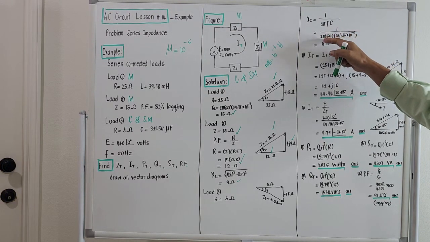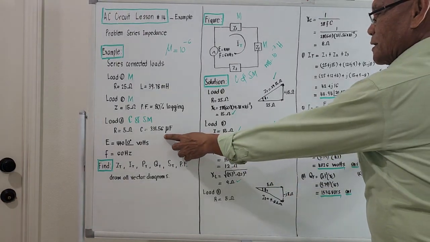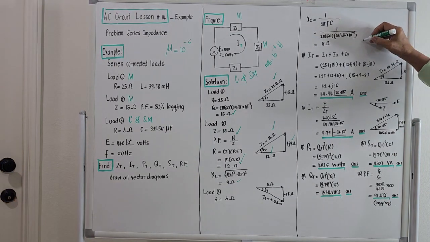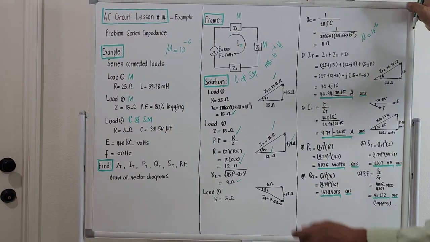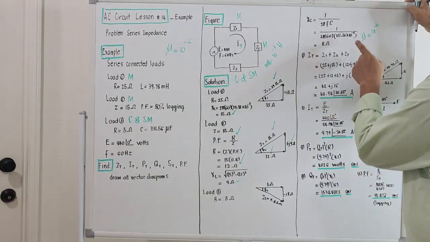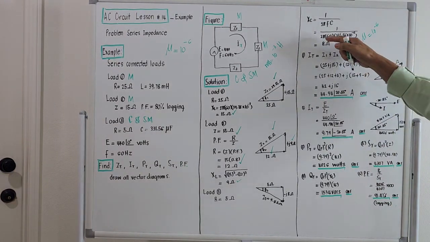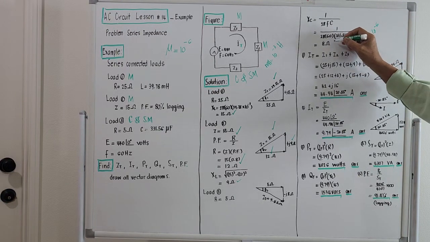So this is 1 over 2 pi times 60 times 331.56 microfarad. Micro is 10 to the negative 6, so we replace micro by 10 to the negative 6. If we simplify this, what will come out is 8 ohms.